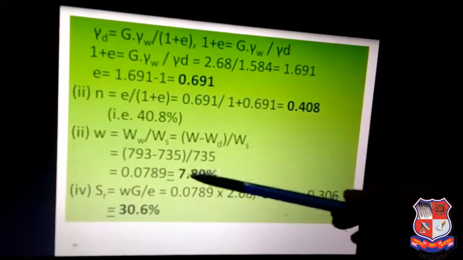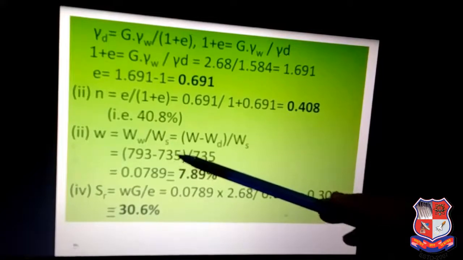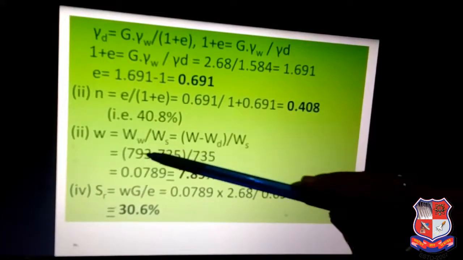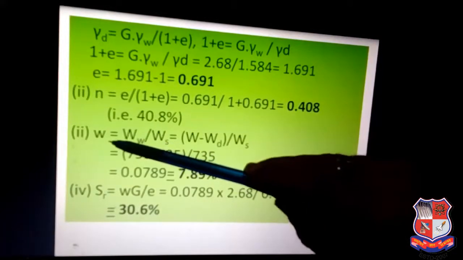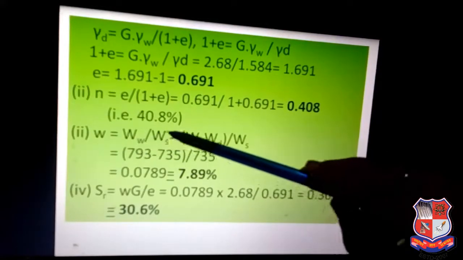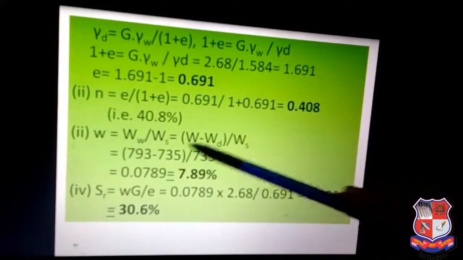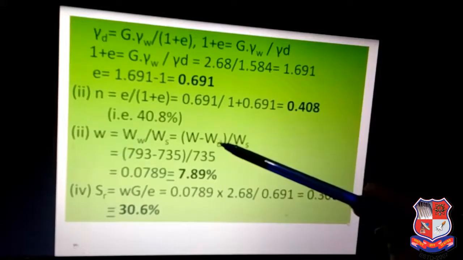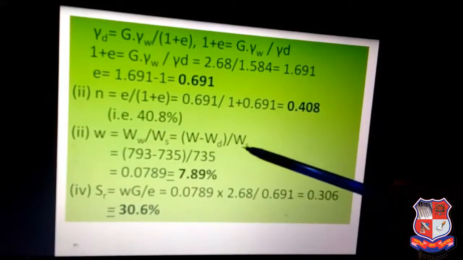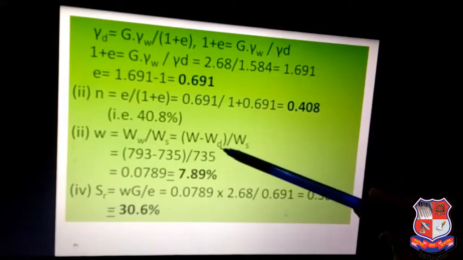Now, water content is weight of water divided by weight of solids. So weight of water is total weight minus dry weight, divided by weight of solids, which is equal to WD, the dry weight.